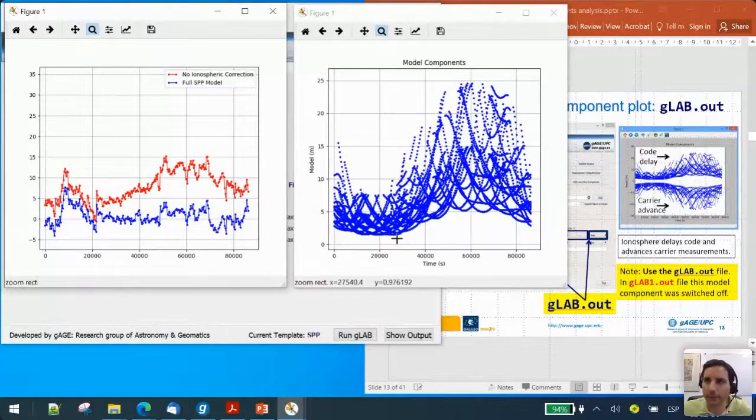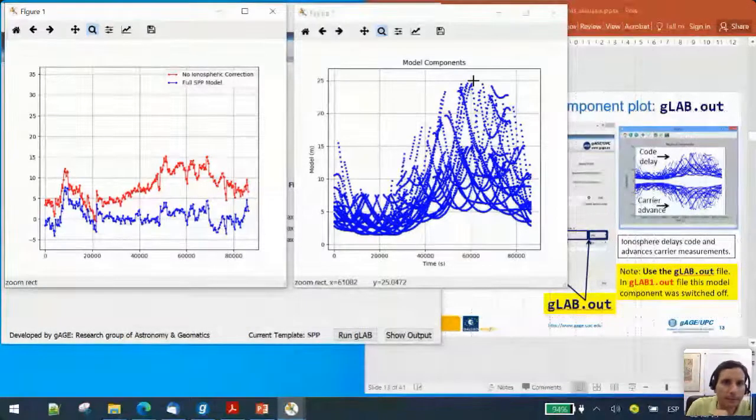But what happens? We have the sunrise, we have the sun going up, and then we have the full ionization of the upper layer of the atmosphere. And then we have a lot of electron content, and we can see that the model reaches up to 25 meters of delay for some particular satellites.